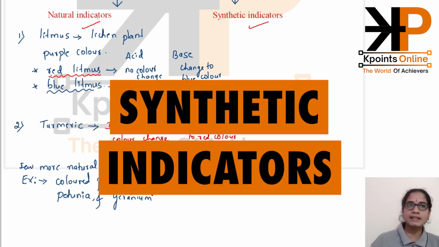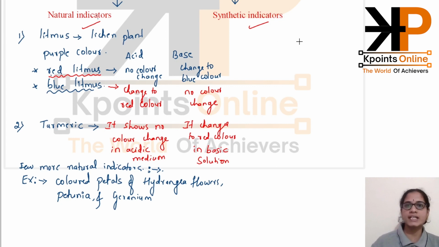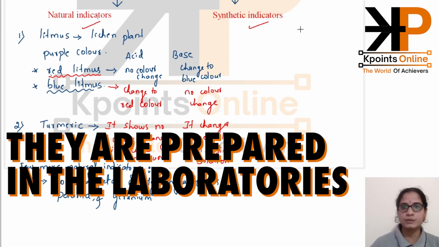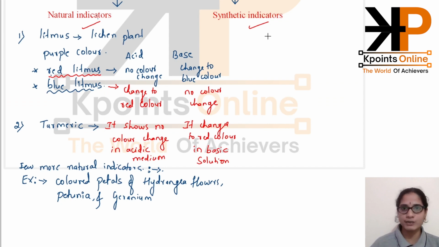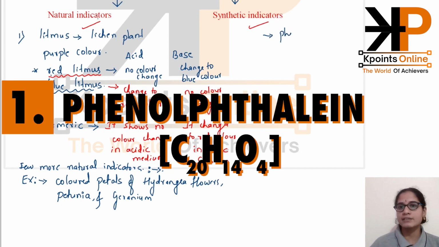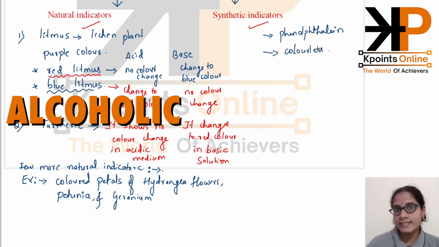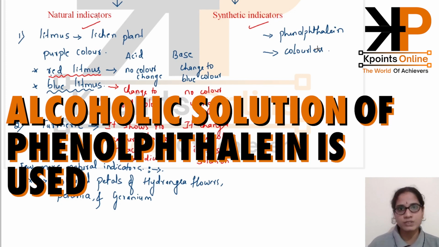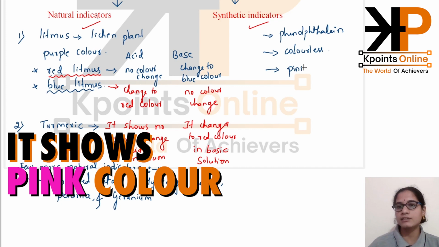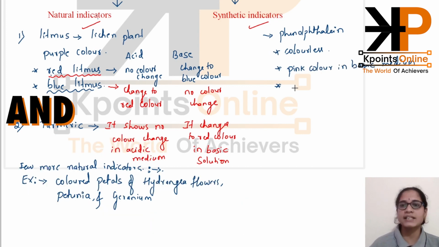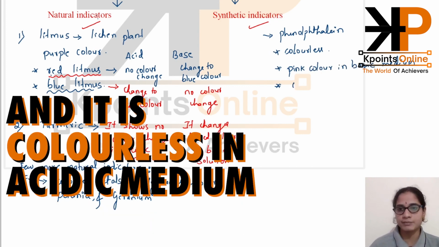What about synthetic indicators? As the name itself indicates, they are prepared in the laboratories. Mainly there are two indicators which are often used, that is phenolphthalein. It is colorless. Alcoholic solution of phenolphthalein is used as an indicator. It shows pink color in basic medium and it is colorless in acidic medium.